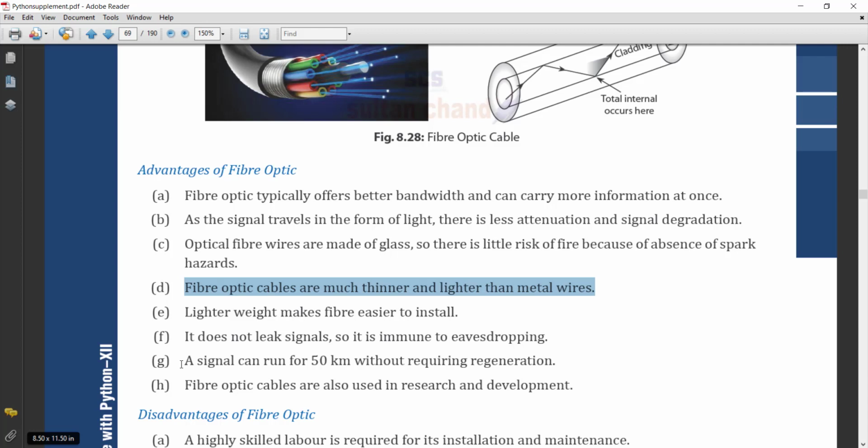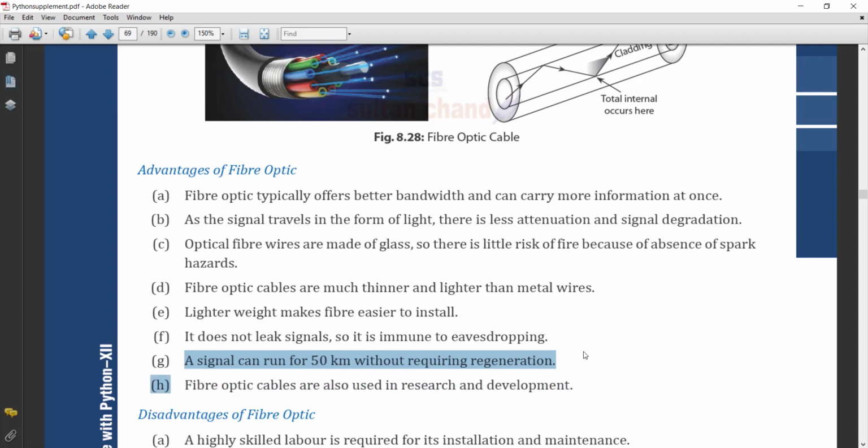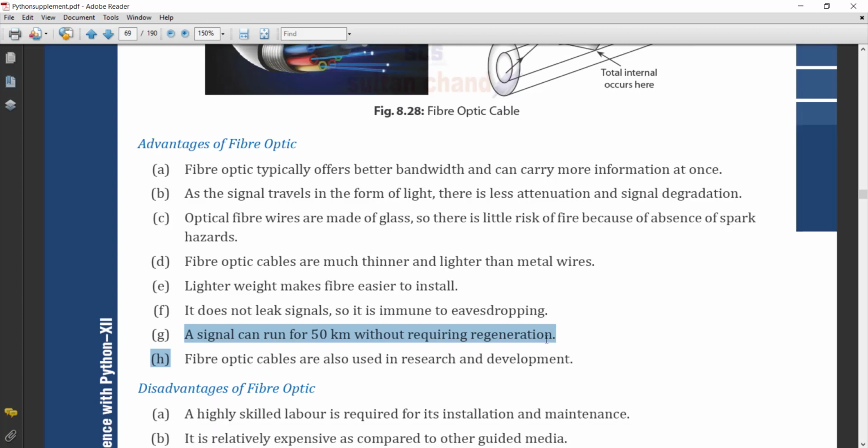And next, a signal can run for 50 km without requiring regenerations or repeaters. So without any repeaters, the signal is transmitted up to 50 km. Clear?